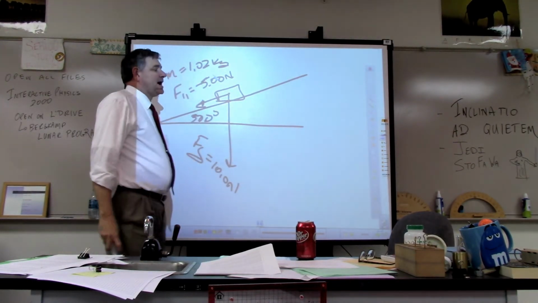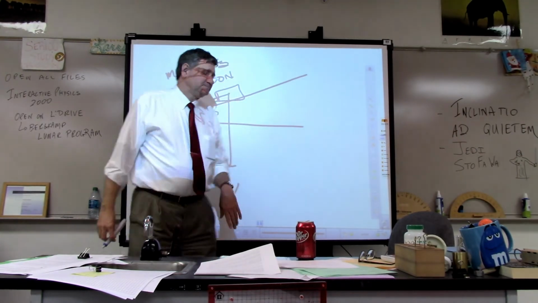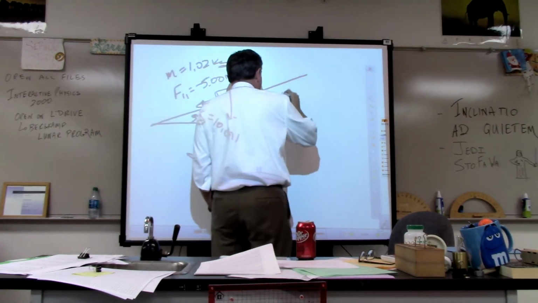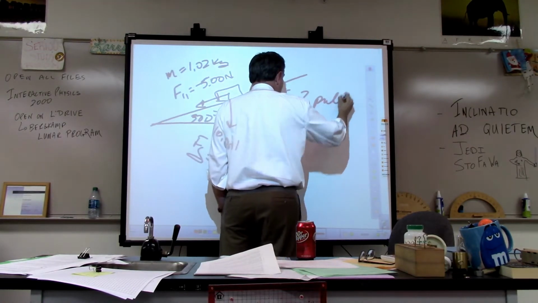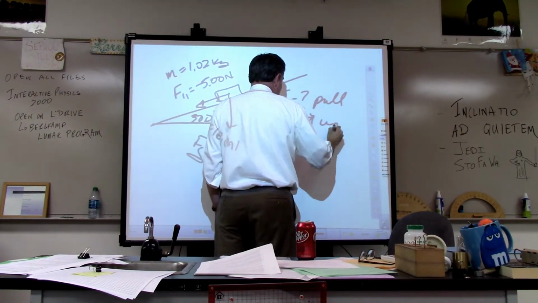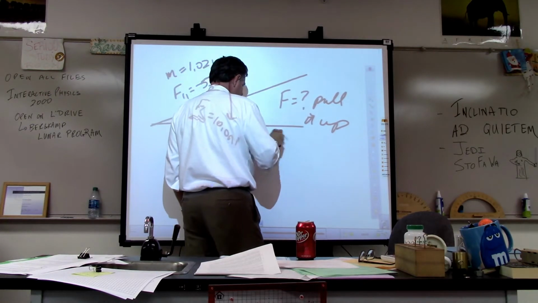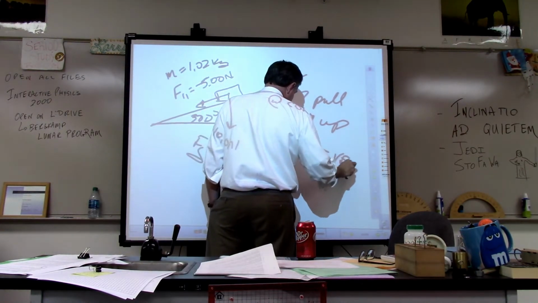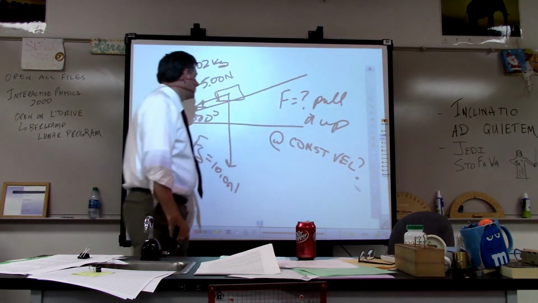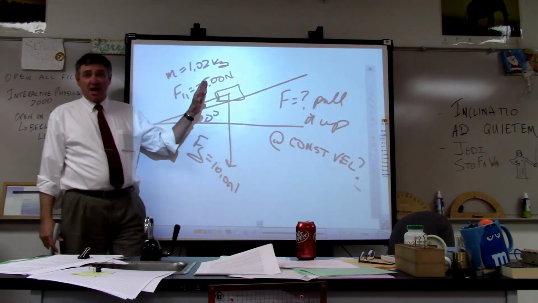Now, here's what I want to know. I want to know how much force it takes to pull it up at a constant velocity. Man, that's pretty hard. So here's the block sitting here.